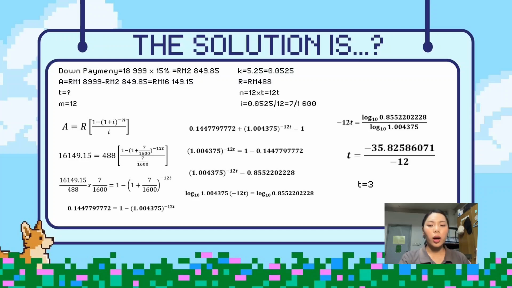Log 10 of 1.004375 to the power of negative 12t equals log 10 of 0.85522022228, which will be negative 12t equals log 10 of 0.85522022228 over log 10 of 1.004375, which will then be negative 12t equals negative 35.82586071, and then we will be able to find the t, which is 3 years.